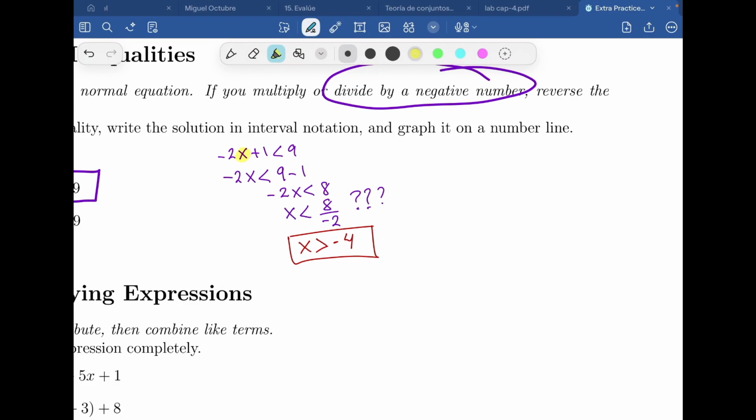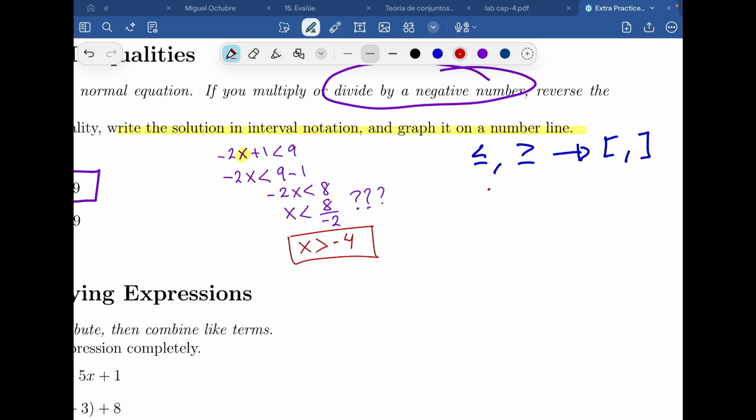Then guys, when we write the solution in interval notation and graph it on a number line, we need to remember this. We have these situations. When we have these inequality signs, they are related with these symbols, okay?